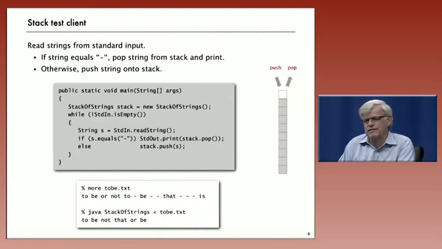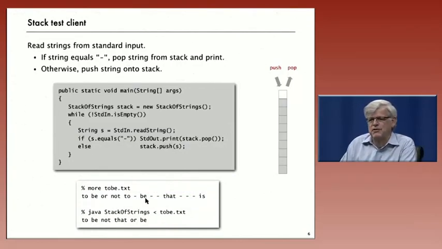Otherwise, if it's a string that's not equal to the hyphen character, it'll just push it onto the stack. So in the example down below, if we have this file called tob.txt, then what the client will do is push to, be, or, not, to all on the stack. Then when it comes to this hyphen, it'll pop the most recently inserted item, which is to in this case.